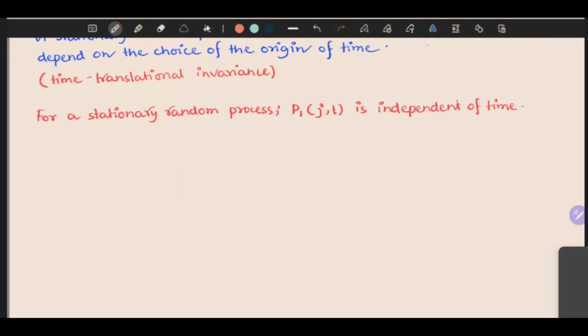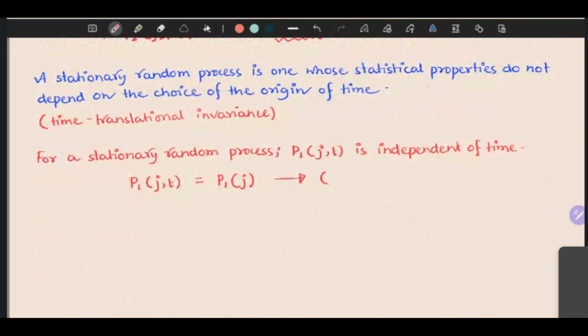So we can write P1(j,t) is equal to P1(j). Let's say this is 5.